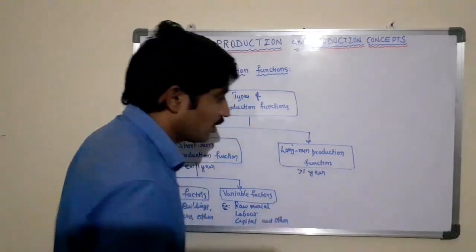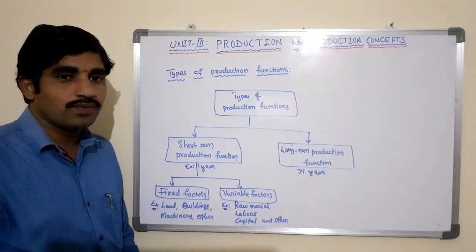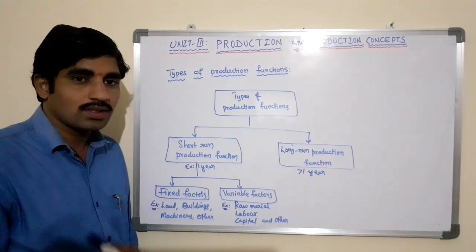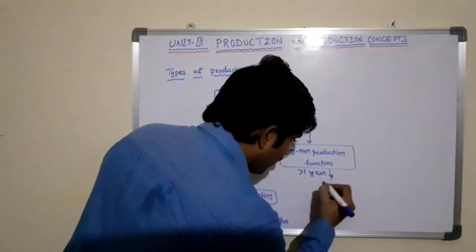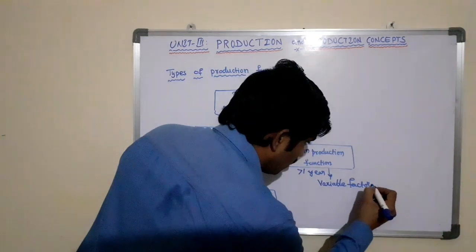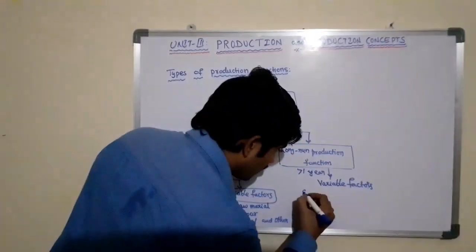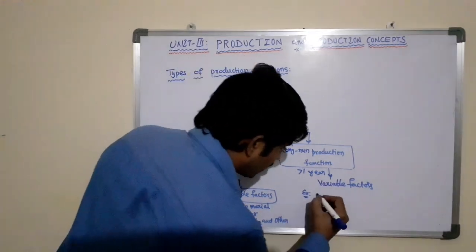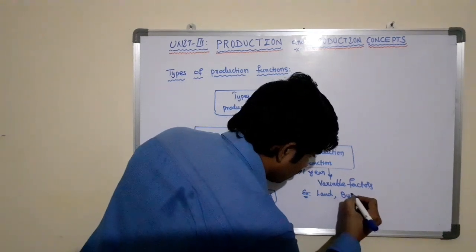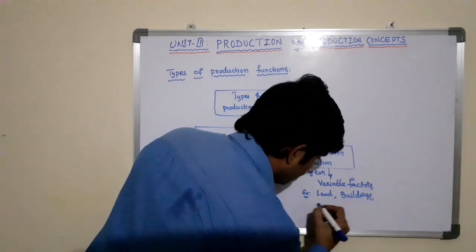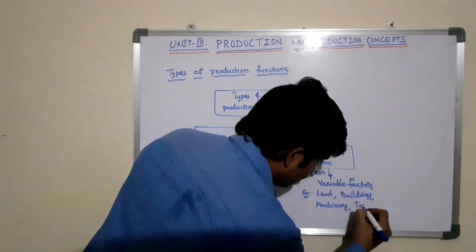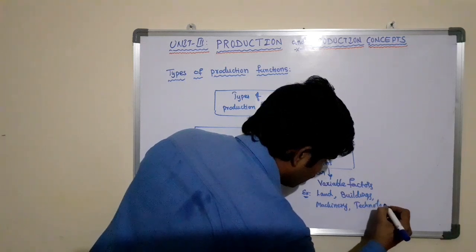Whereas coming to the long run production, there is no difference between fixed and variable, and all the resources or all the inputs available for the production come under the variable factors only. Variable factors in long run, all are the variable factors. Example, for all the variable factors, land may change, buildings may change, machinery setup may change, technology may be changed based on the requirement.